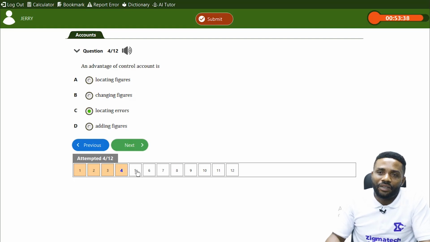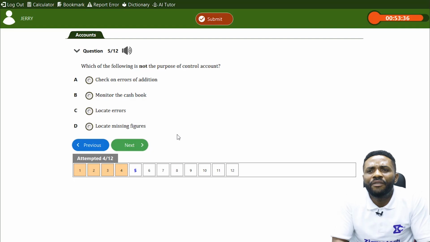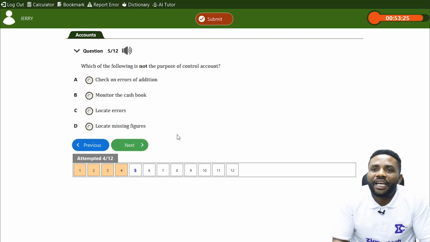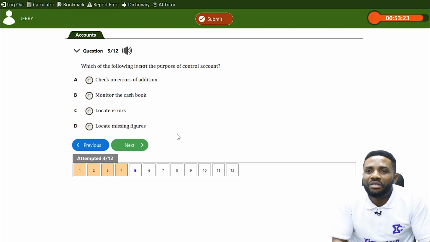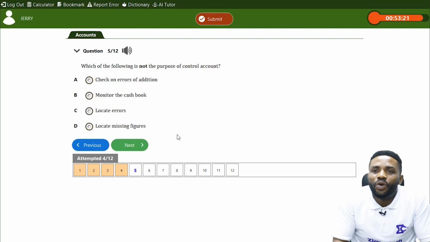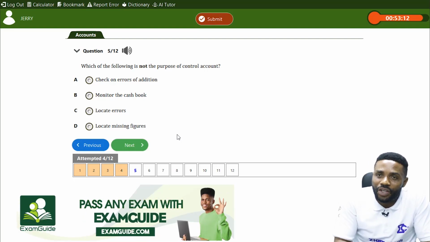Let's take the last one, question 5. Which of the following is not the purpose of control account? One of them is not the reason why we prepare control account. Number 1, check on errors of addition, monitor cash book, locate errors, locate missing figures. You see now, number 1, check on errors of addition.